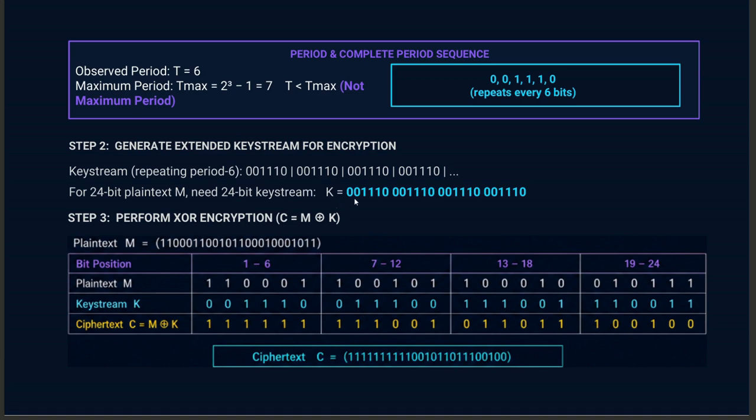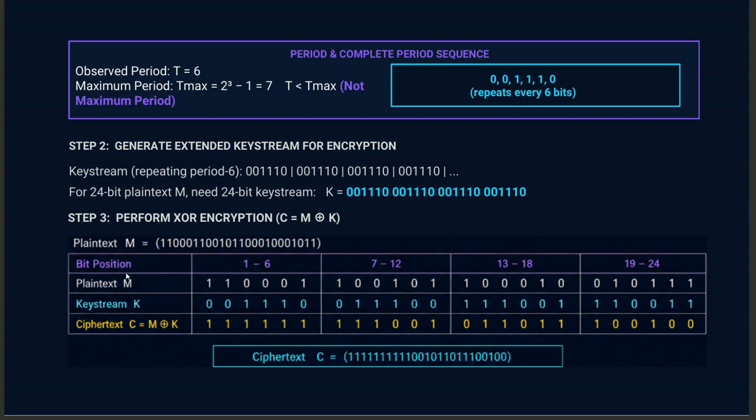Therefore, the keystream becomes K equals 111011100011100011100. The plaintext is M, and in the ciphertext the encryption is done using XOR operation. So the equation is C equals M XOR K.